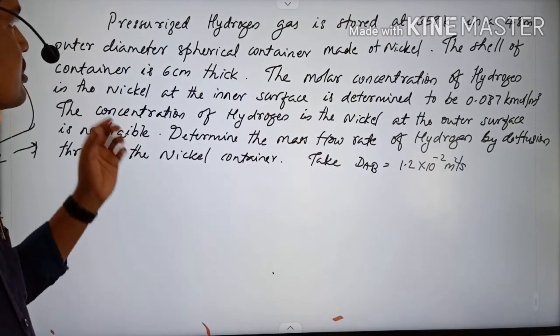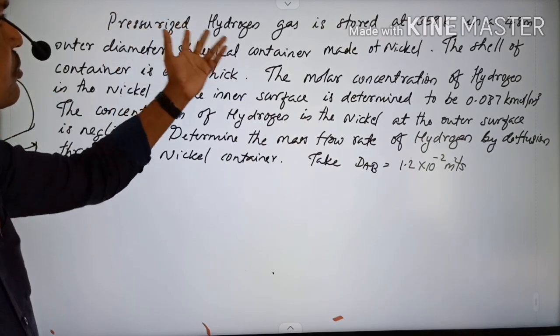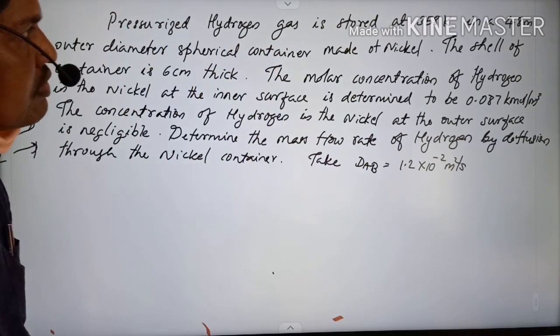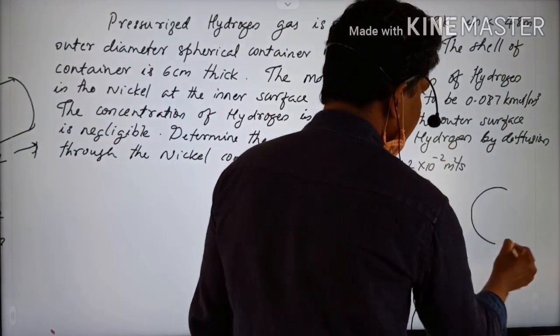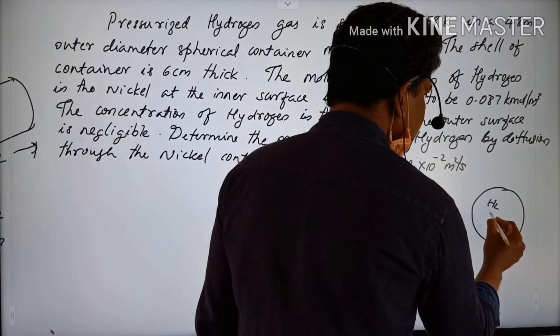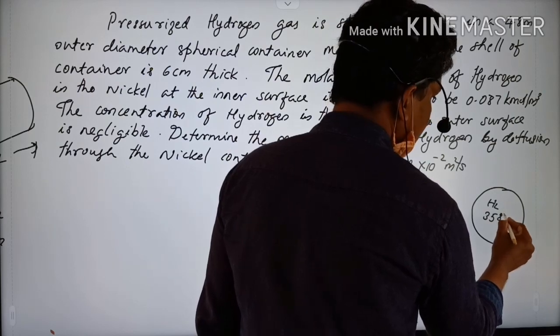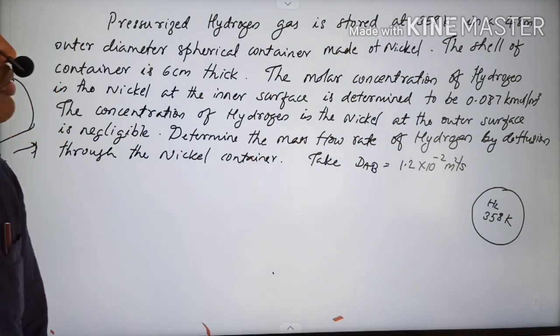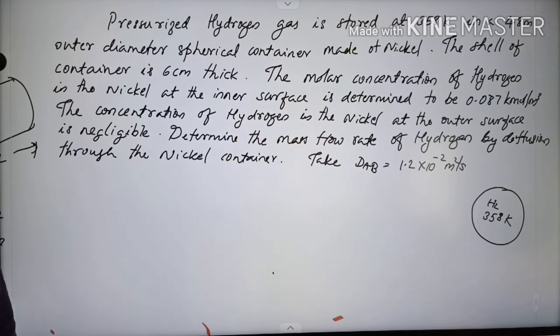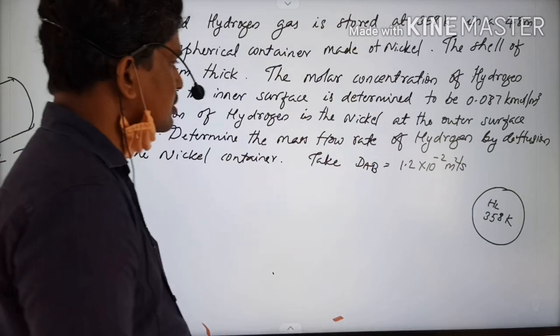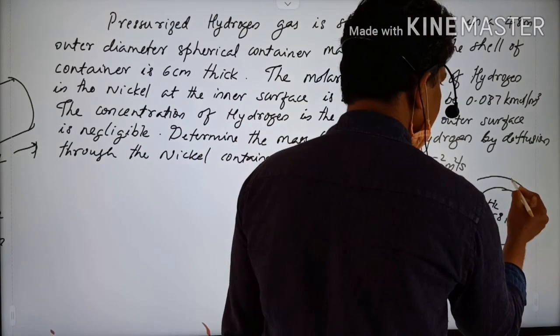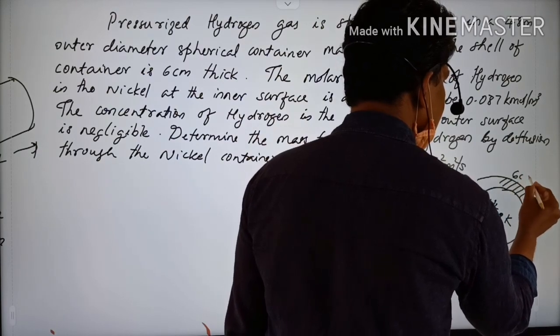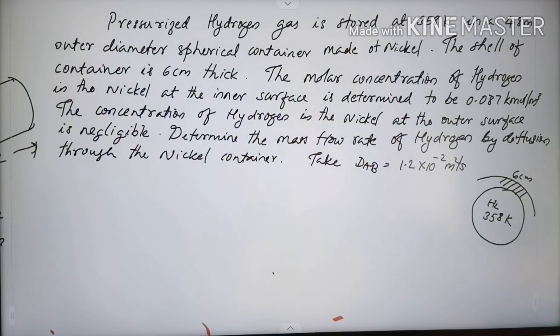So consider pressurized hydrogen gas stored at 358 Kelvin in a 4.8 meter outer diameter spherical container made of nickel. The shell of the container is 6 cm thick.